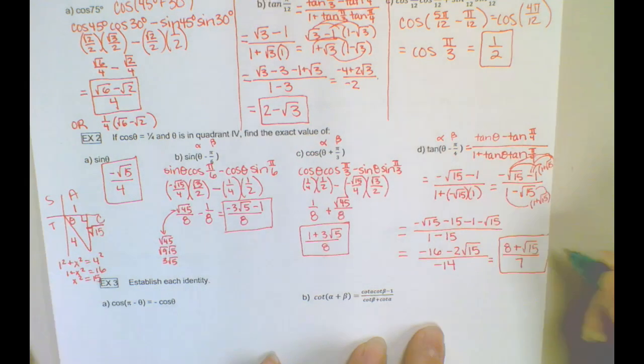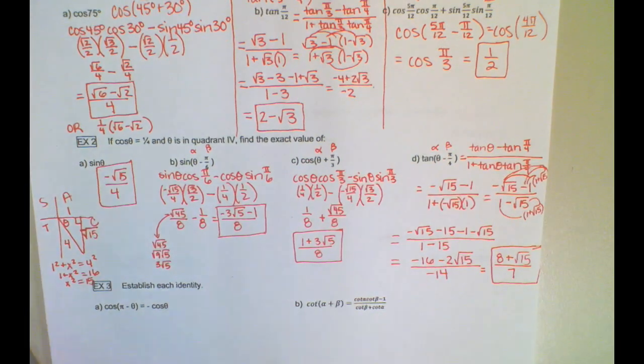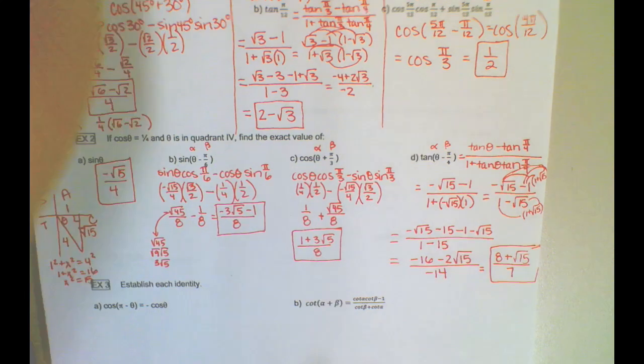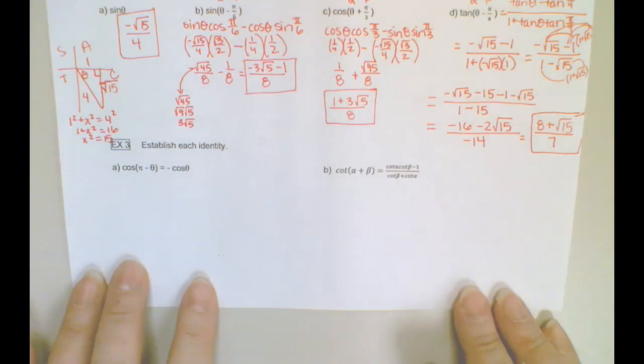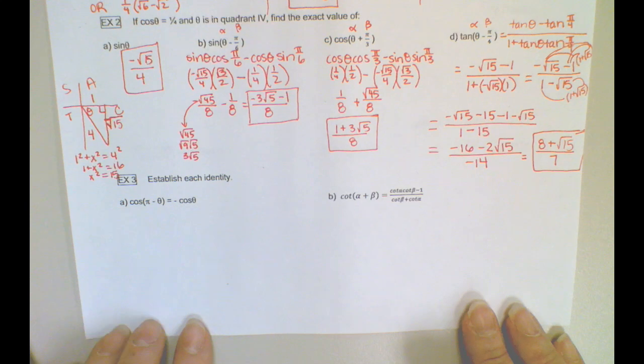So 8 plus radical 15 over 7 is going to be my final answer there. All right. Hopefully these are making sense. I've tried to choose a lot of different examples to hopefully give you some strategies for manipulating the algebra.